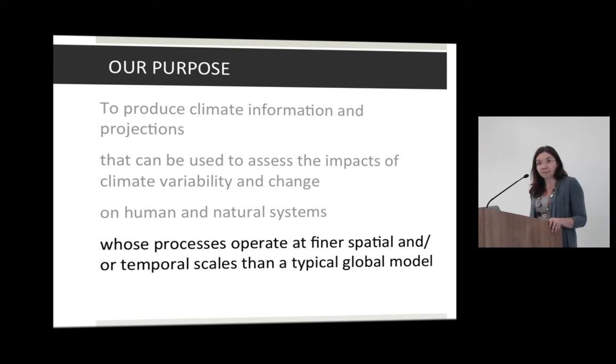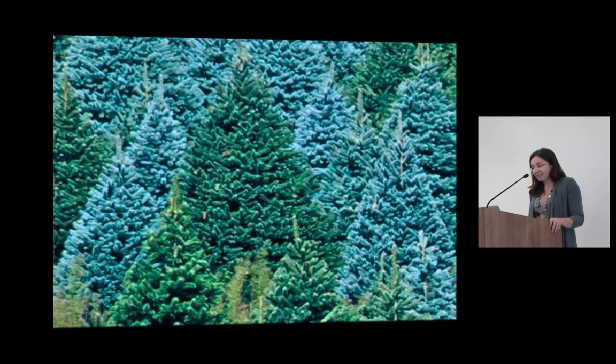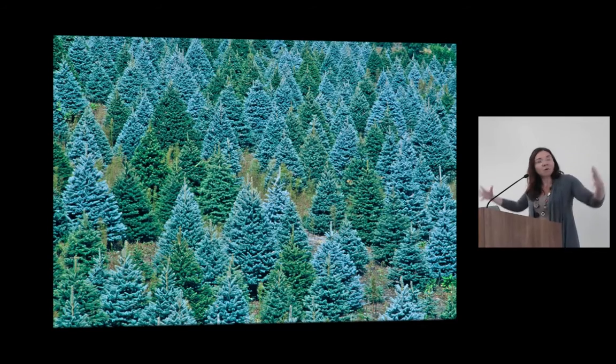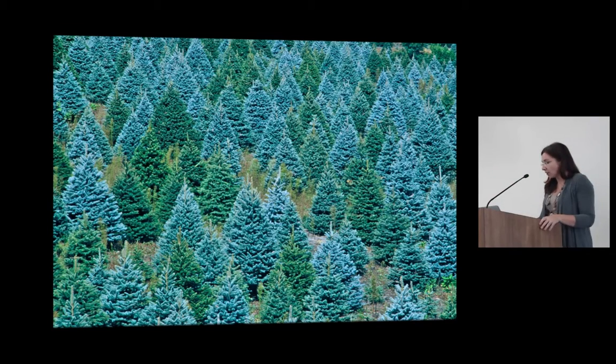That's our goal here. In other words, we want to go from looking at a forest of trees like you get from the global climate model to looking at a single tree, say, a state, a region, even a city.